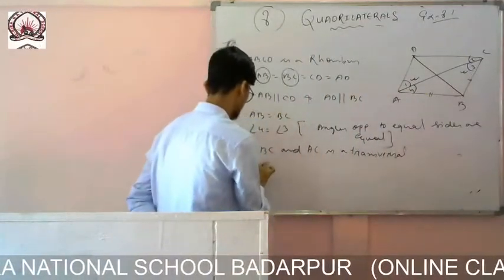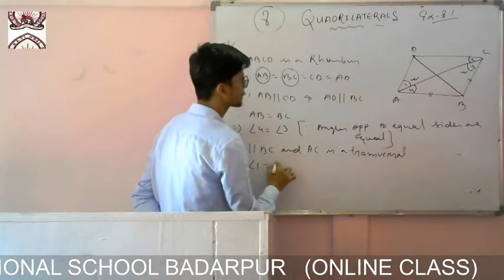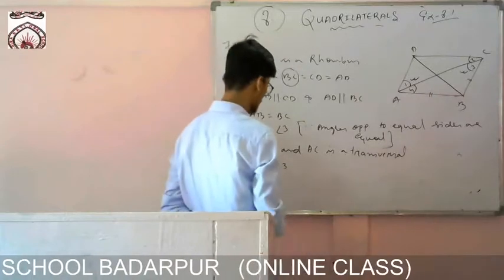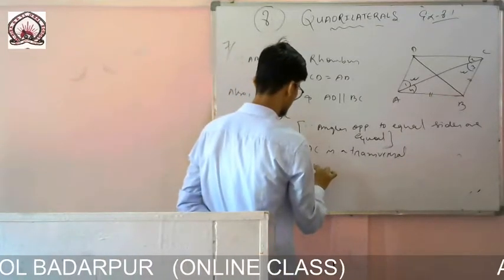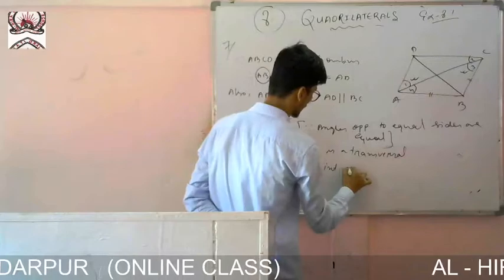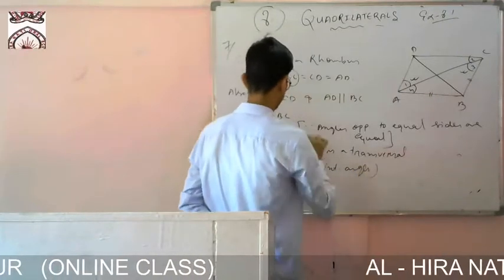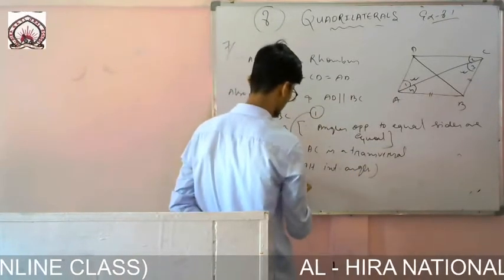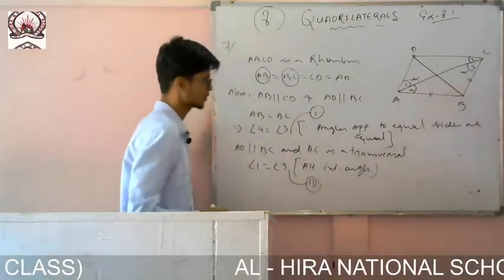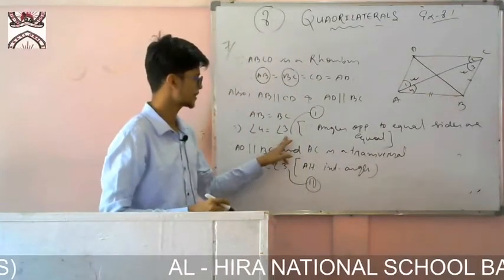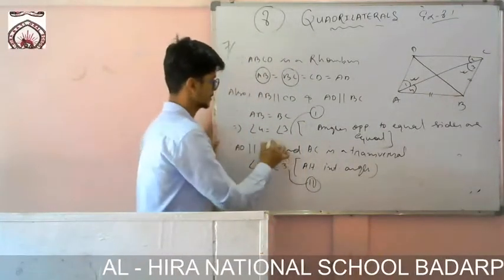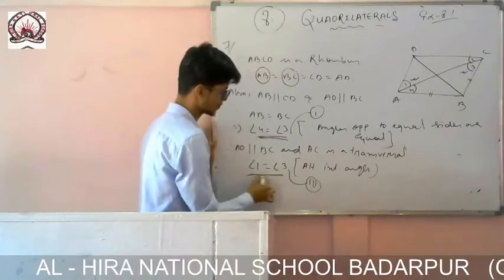So angle 1 will be equal to angle 3, since alternate interior angles. This one you give as equation number 1, and this one will be equation number 2.